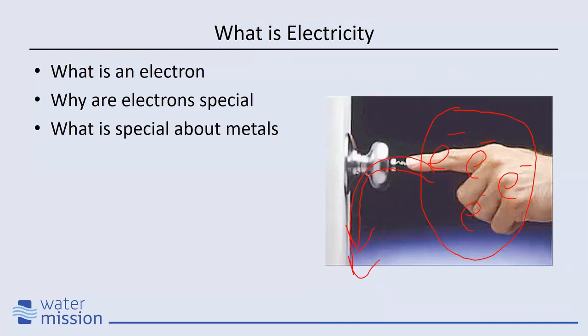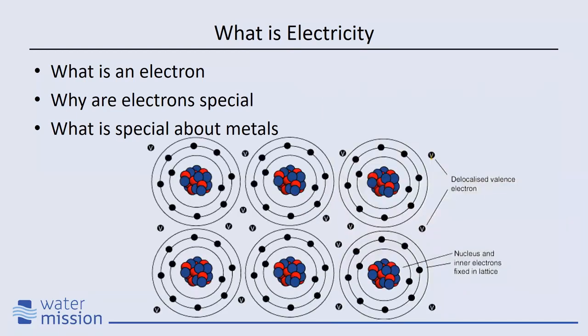Now, let's talk about metal, because we know that metal is what we use in electrical systems. We use metal wires, metal components, and that's because metal has a special property with its electrons. You can call them delocalized valence electrons, okay?